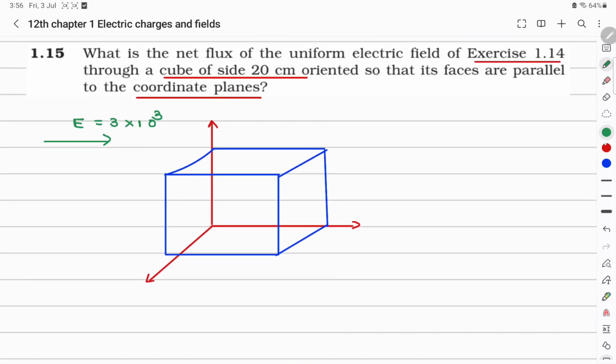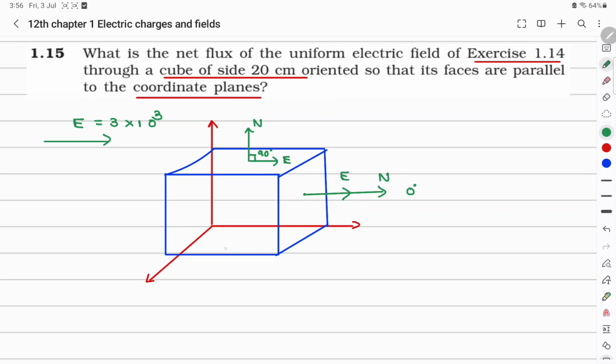And then we are going to draw a normal for each face. If this is the normal and this is the electric field direction, the angle between the normal and the electric field will be 90 degree. Like that, for this face, both the electric field and the normal will be parallel, so the angle will be 0 degree.